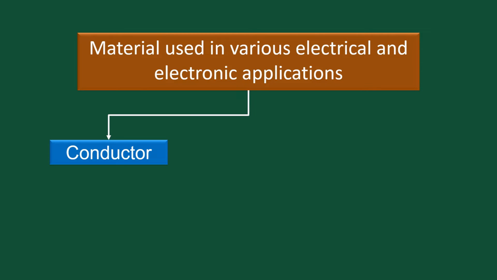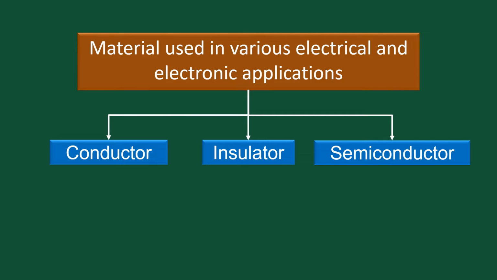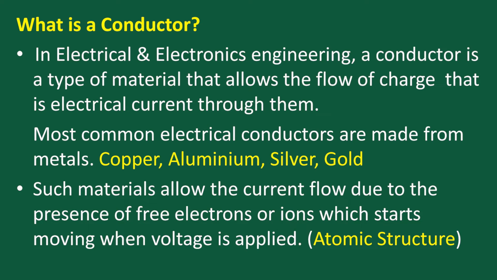The materials used in various electrical and electronics applications are mainly classified into three categories: first conductor, second insulator, third semiconductor. Now, what is a conductor? In electrical and electronics engineering, a conductor is a type of material that allows the flow of charge, that is electrical current, through them.